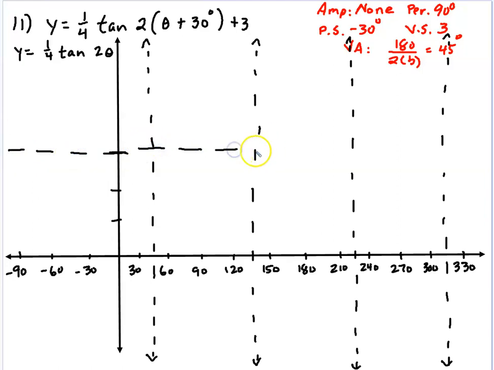So really this is going to be my new theta axis. Okay, so now let me just go ahead and put in another vertical asymptote here.